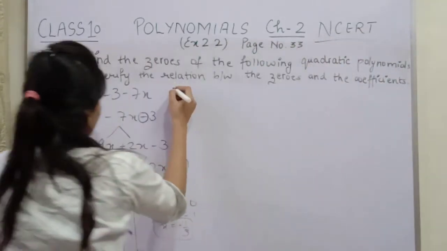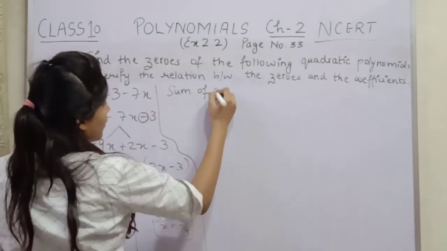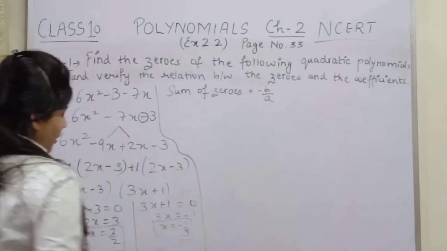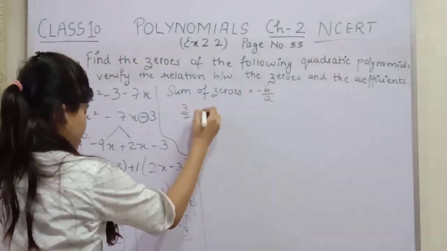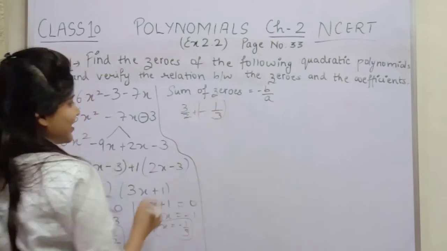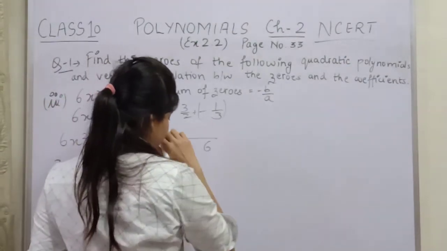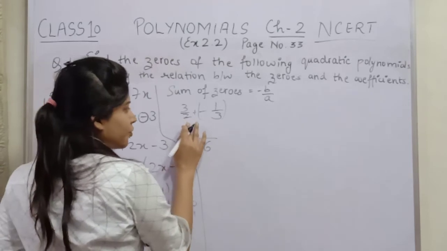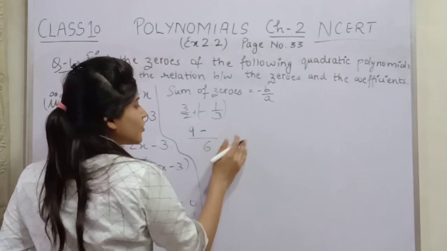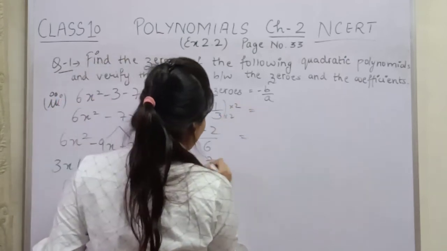So sum of zeros is minus b upon a. वैसे sum of zeros क्या होगा? 3 upon 2 minus 1 upon 3. We can say plus minus 1 upon 3. So 2 and 3 का LCM would be 6. This would be into 3 because 2 3s are 6, right? So 9 minus 3 2s are 6 into 2 into 2. 9 minus 2. ये तो हो गया 7 upon 6.